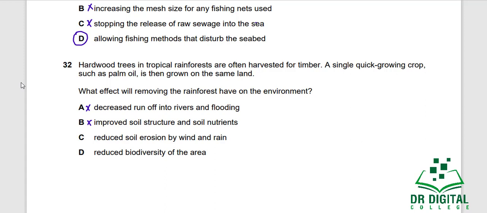So at any time wind and the rain can erode the soil. So C is the wrong answer. Reduced biodiversity of the area. Yes, when you cut the forest and make it into agricultural land, the biodiversity will be decreased, because in your agriculture practice there will be a limited number of different species being grown. So overall biodiversity will decrease. So D is the correct answer for question 32.